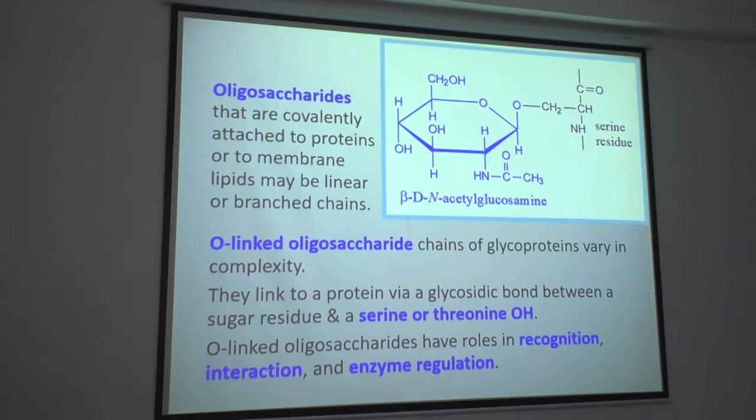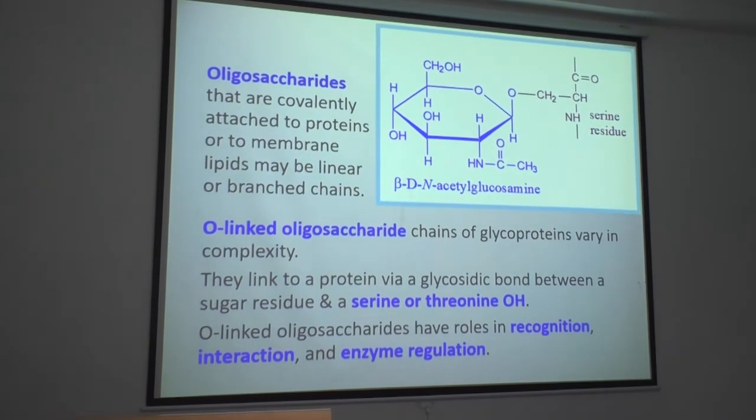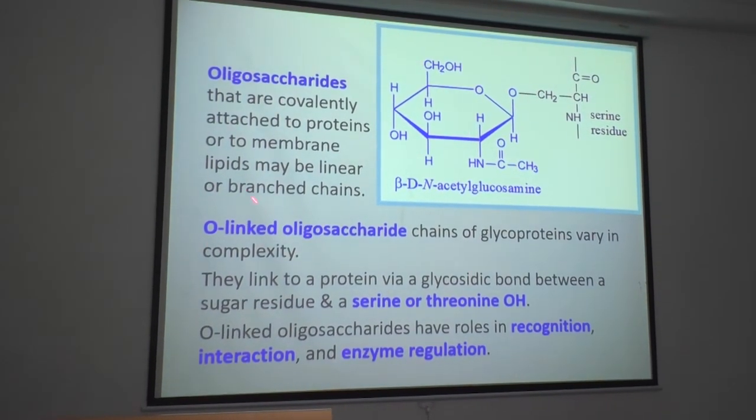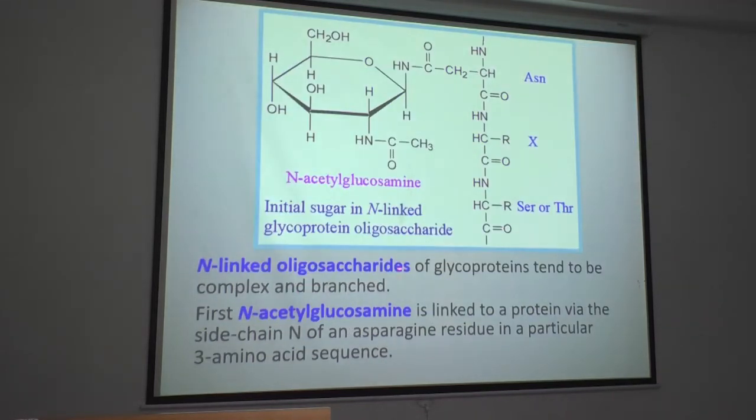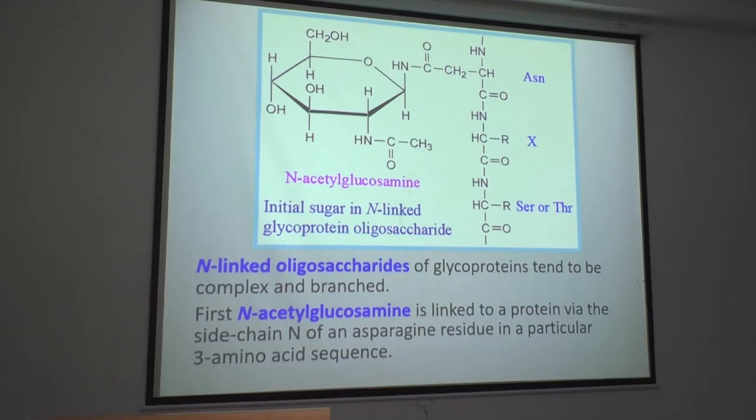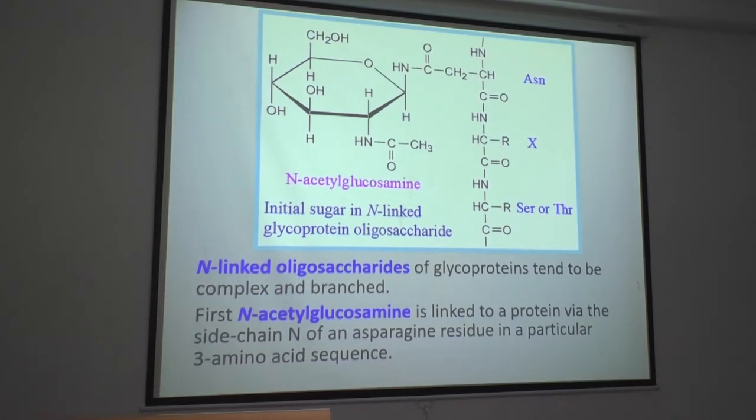And if they are joined via the hydroxyl group of serine, threonine or tyrosine, those chains are called O-linked. The difference is that they have roles in recognition, interaction and methylation. The oligosaccharide chain is synthesized first and then transferred.